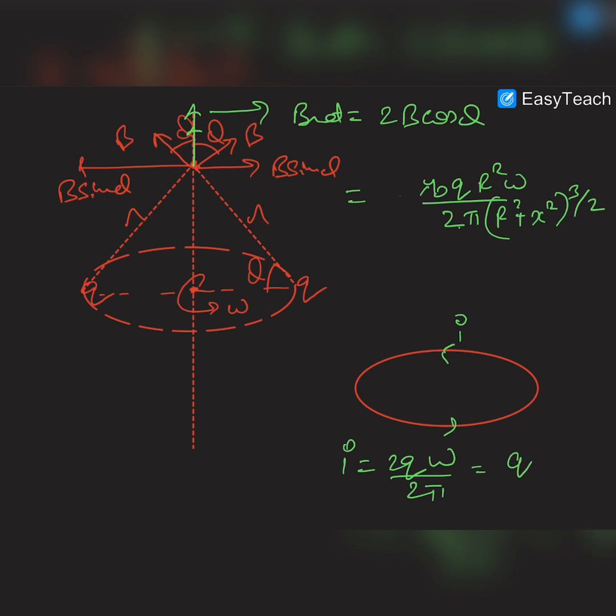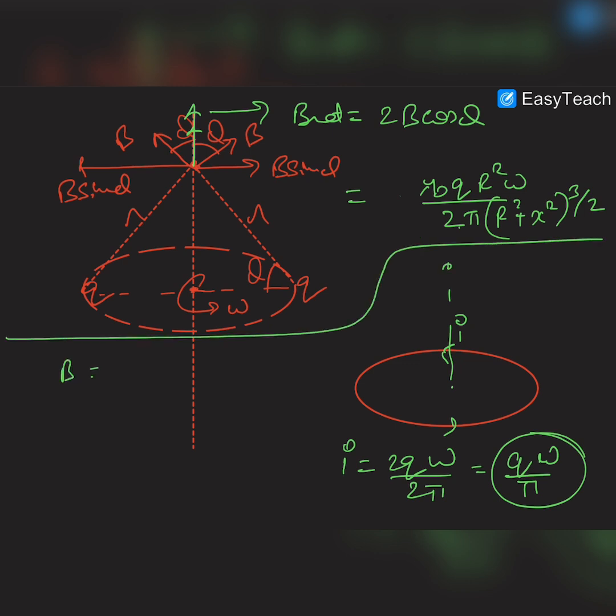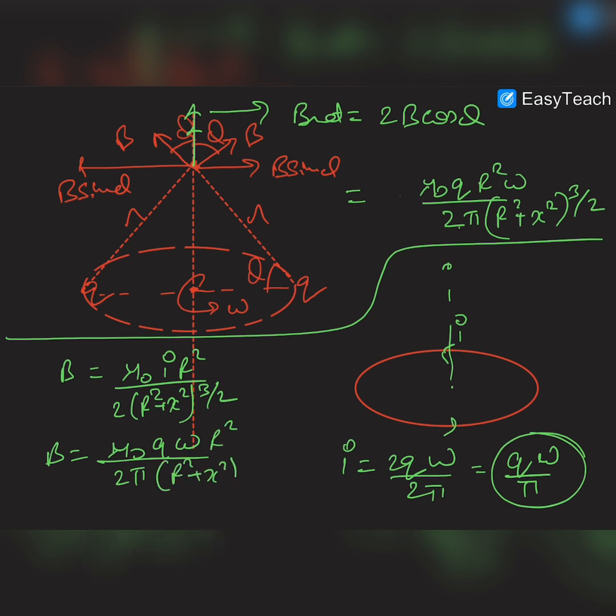So it would be q omega by pi, and the magnetic field on the axis due to a current carrying loop is B is mu naught into I r square upon 2 r square plus x square to the power 3 by 2. So B will be equal to mu naught I, which is q omega by pi, so it would be 2 pi, and r square plus x square to the power 3 by 2.